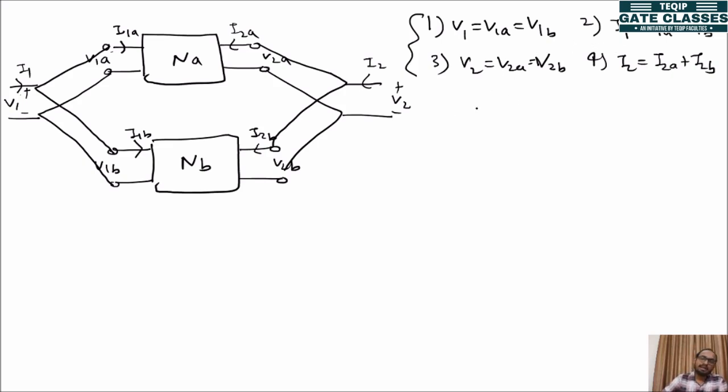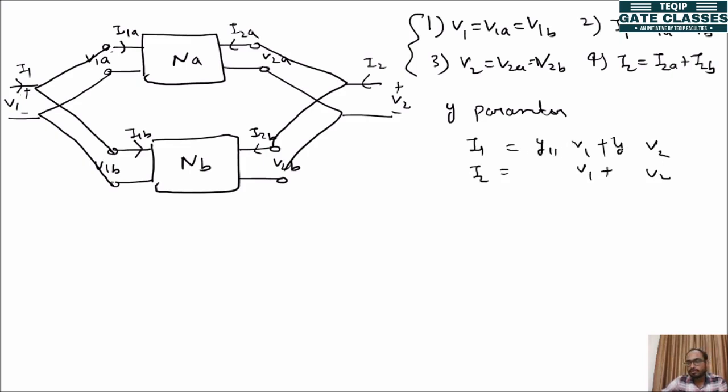You can write the equations for Y parameters here, where I1 and I2 will be functions of V1 and V2: Y11, Y12, Y21, Y22.